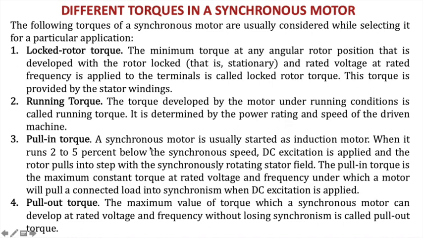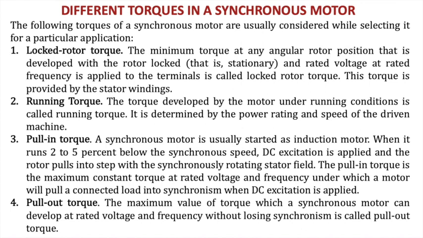So the pull-in torque is the maximum constant torque at rated voltage and frequency under which a motor will be pulled into synchronism when DC excitation is applied. That is the pull-in torque, when the motor comes from the induction machine speed to the synchronous speed after the application of the DC excitation.